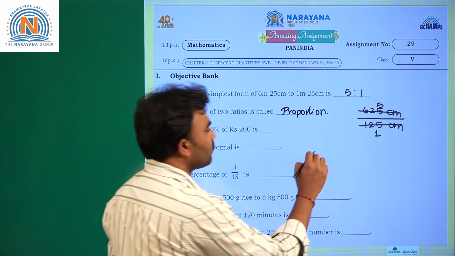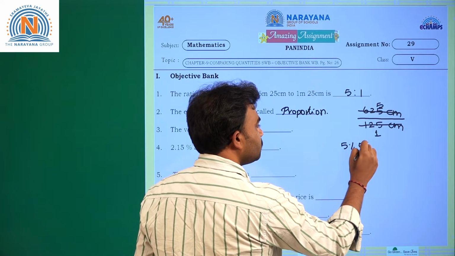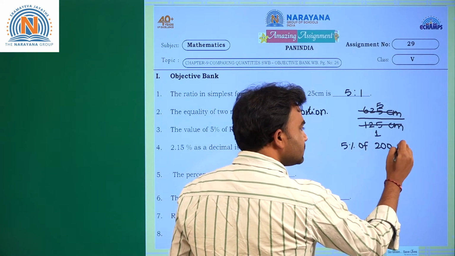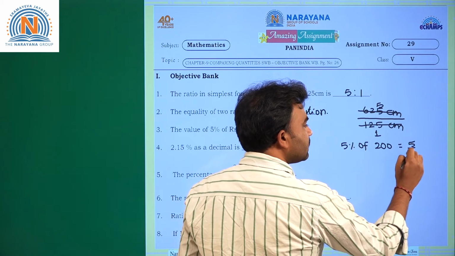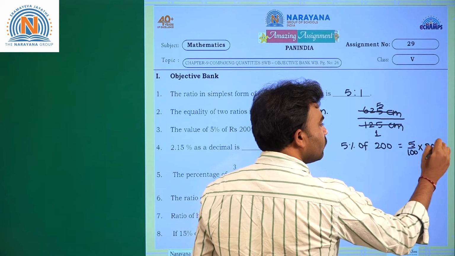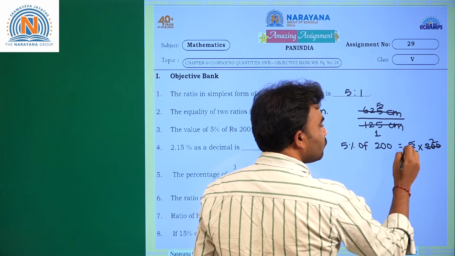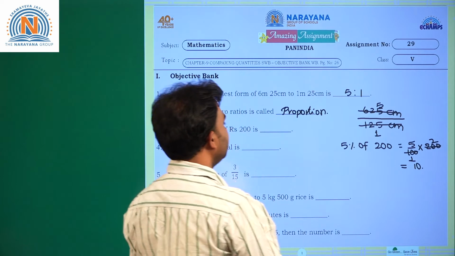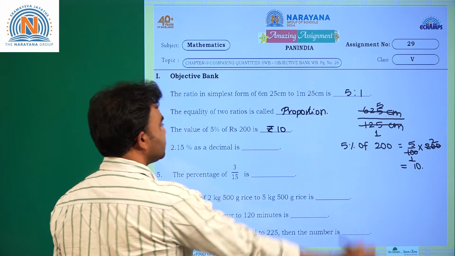So take the problem: 5% of 200 equals, 5% can be written as 5 by 100, and of means into 200. We know that 100 ones are 100 and 100 twos are 200. 5 into 2 is 10. So rupees 10 is the answer.